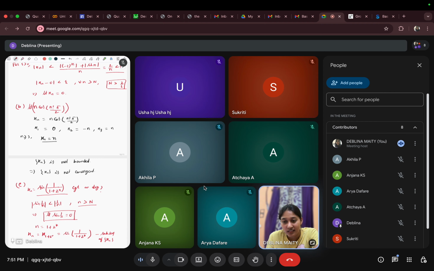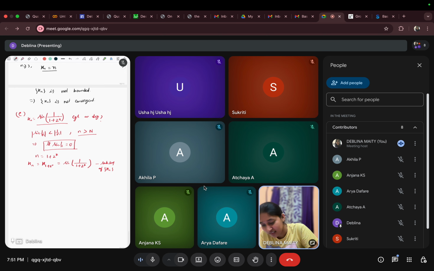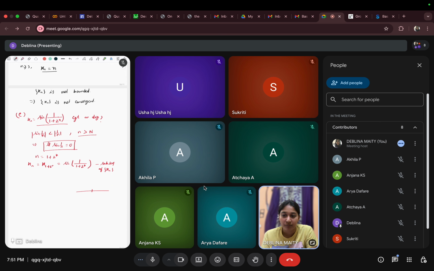Convergent means what? After some n, it is going to be close to some number. Right? You are telling me sine n is oscillating.